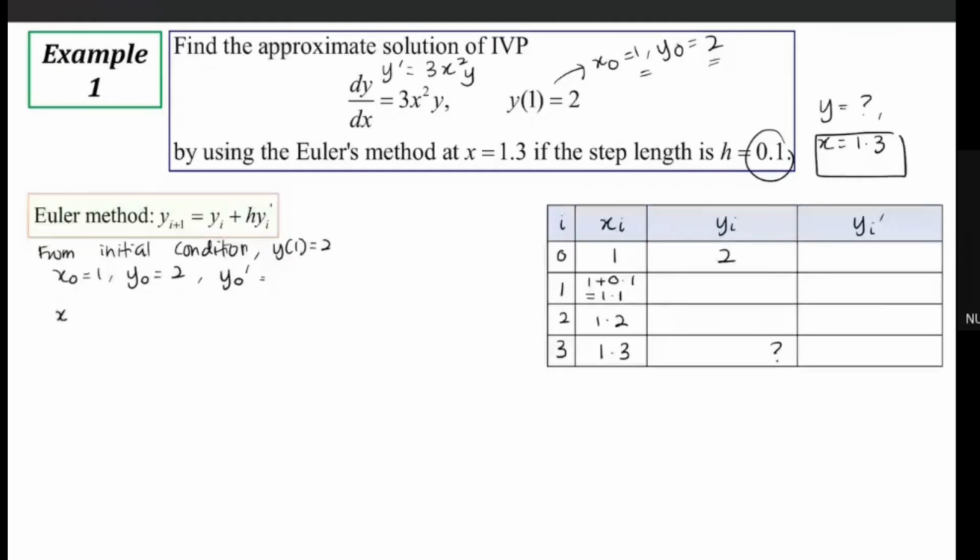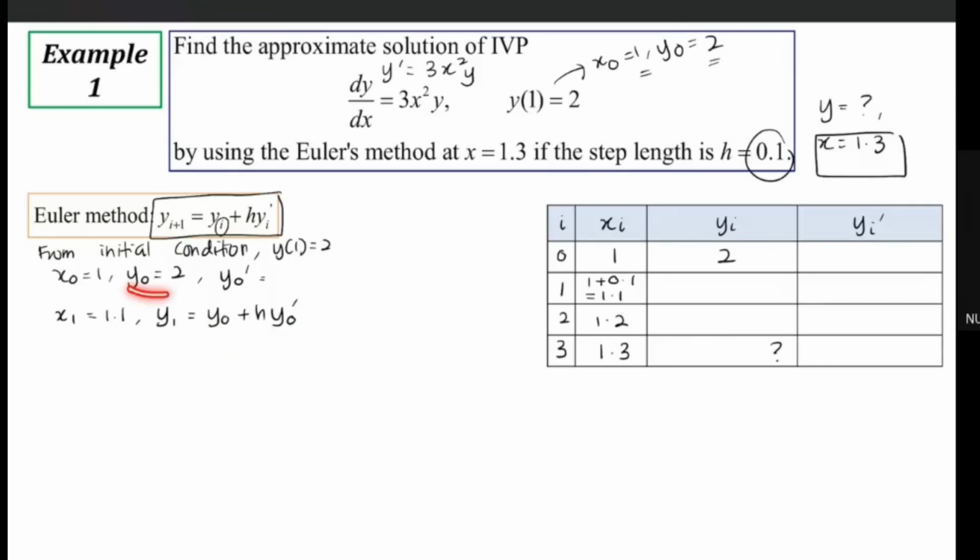For the next step, x1 equal to 1.1. We determine y1 using the equation: y1 equal to y naught, remember this is the previous solution, plus h y naught prime. That's why you must determine y naught and also y naught prime.